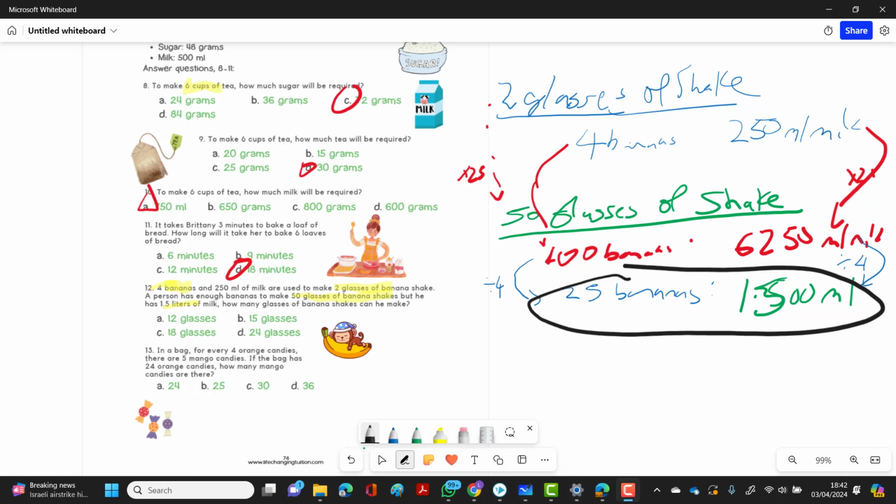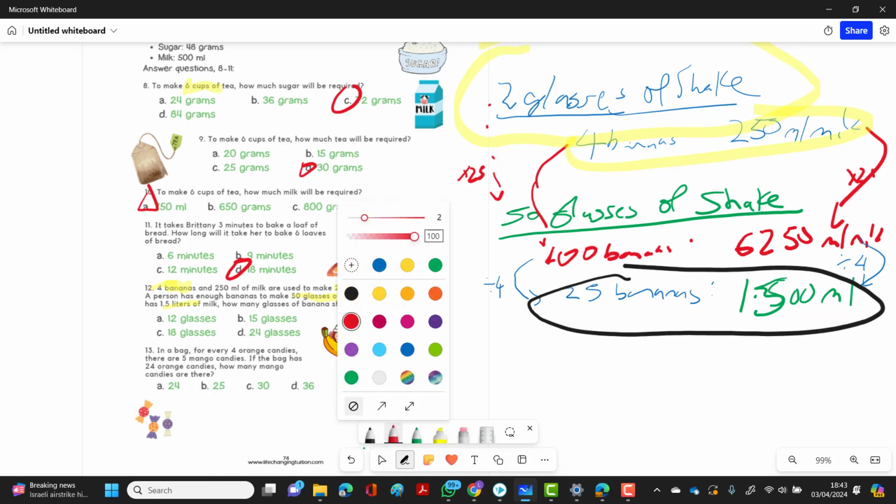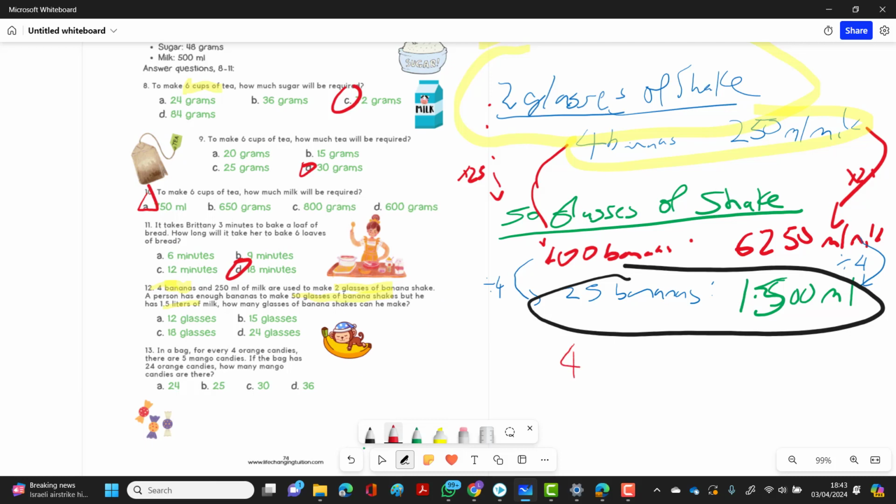That's what you have at the moment: 25 bananas, 1,500 milliliters. If you compare with this one here, let's put here four bananas, 250.